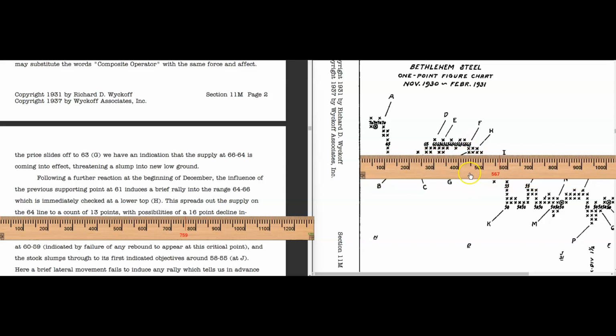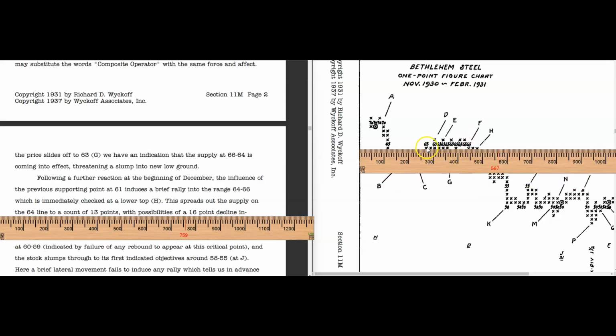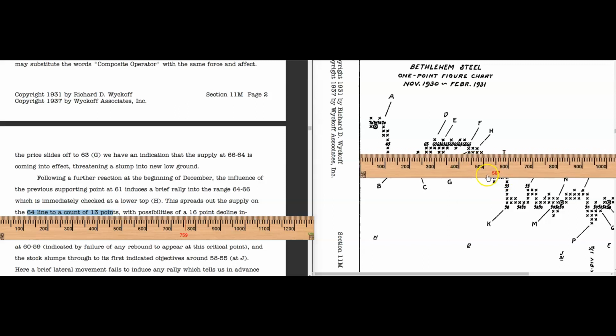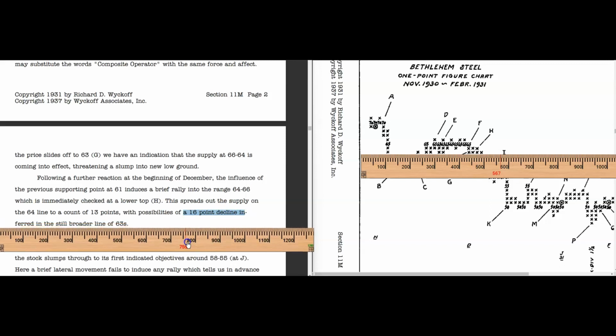You had a break and a pullback to test along the line of H. And if you do the count across H, what is it? It's 1, 2, 3, 4, 5, 6, 7, 8, 9, 10, 11, 12, 13. And here you go. The supply on the 64 line is 13, right? And if you take it a level even below that, it's a 16-point decline, at the 16s.